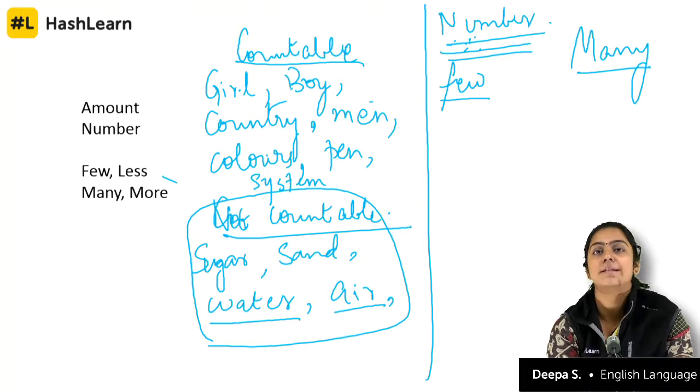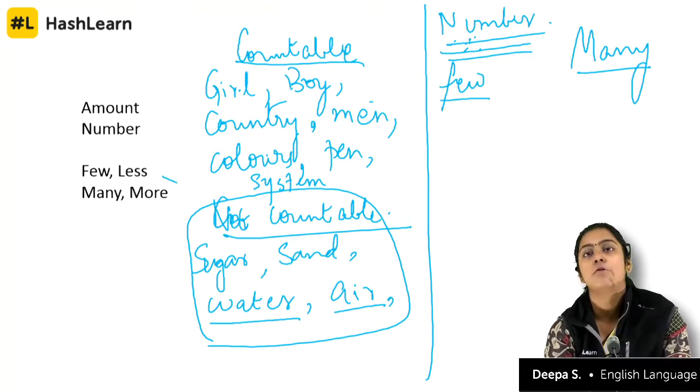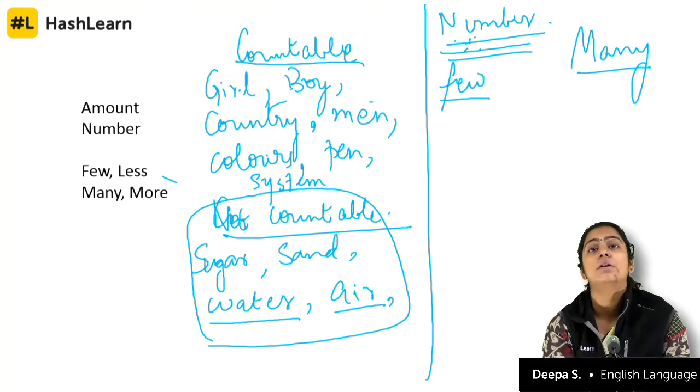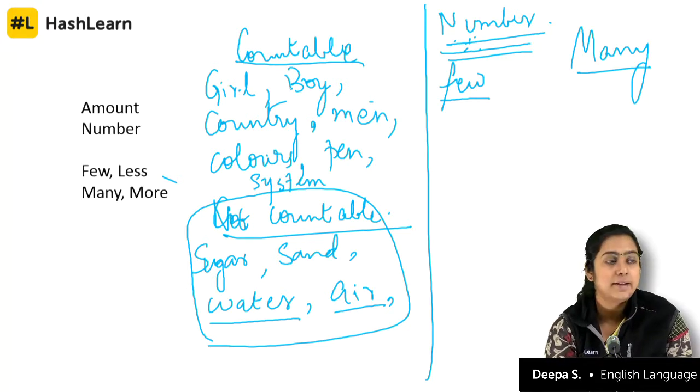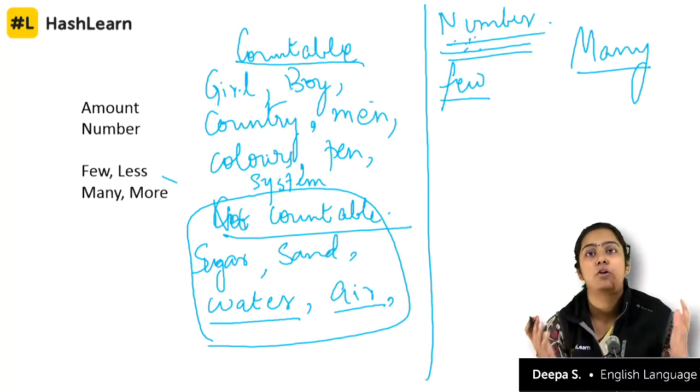Many boys came up to my aid, or many countries have denied visa request for this particular person. Many men were interested in the army, or many colors go and form a kaleidoscope.